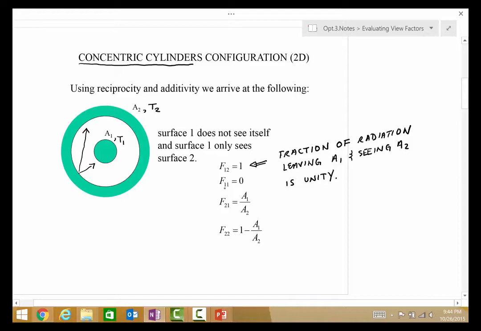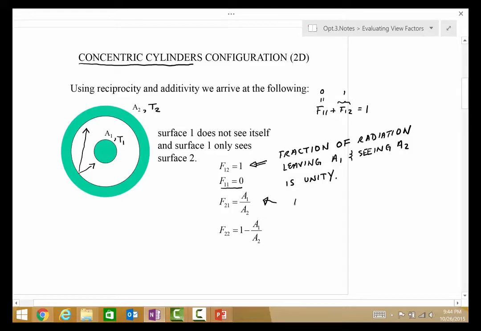Surface 1, by definition, does not see itself. Because of additivity, we know that F11 plus F12 is equal to 1. And since F12 is equal to 1, F11 must be equal to 0. Reciprocity is what we come up with from the symmetry of the view factor integral.